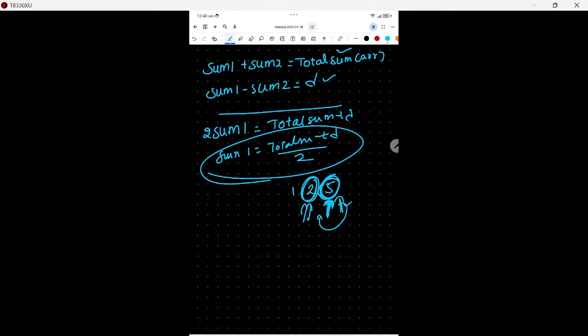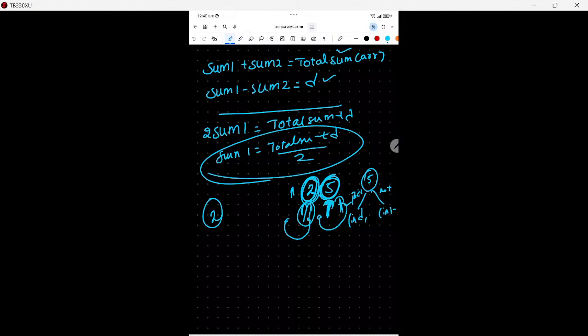Try to remember it: everything has two options, pick and not pick. By picking, I will stay at that index only. By not picking, I will move to index minus 1.